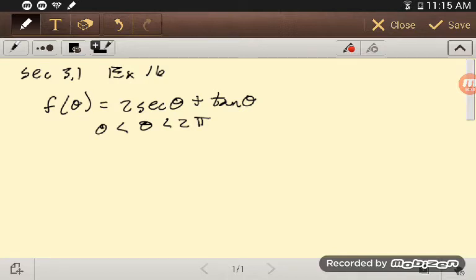All right, so finding critical numbers. Well, I need the derivative. Okay, derivative of secant. Now that's secant tangent. So we can always look that up.